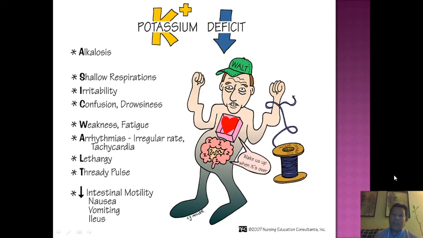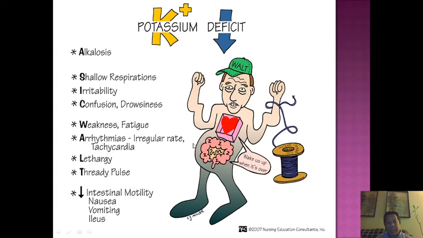Potassium deficit or hypokalemia, a lot of times hypoK is associated with alkalosis. It doesn't matter whether it's respiratory or metabolic alkalosis. Most likely the patient will have hypokalemia. It can also lead to shallow respirations, irritability, confusion, and drowsiness.